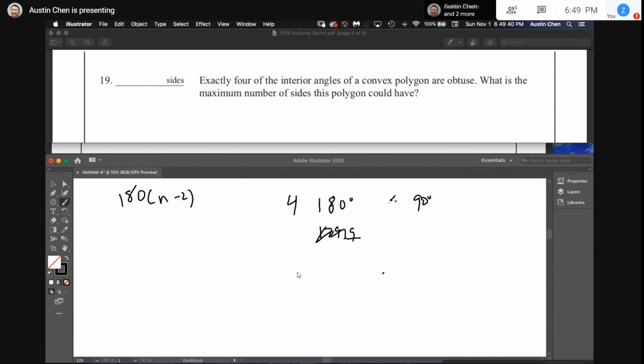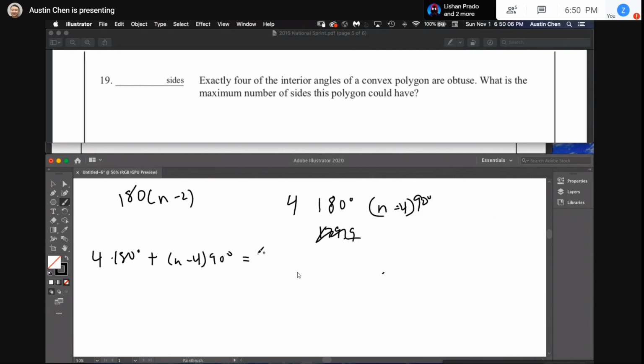Okay, and so the sum of those angles will be n minus 4 times 90 degrees, right? Because if we have a polygon with n sides, we're going to have n angles, and we have 4 obtuse angles, so we're going to have n minus 4 acute angles. All right, so the sum of all of our angles will be this, right?